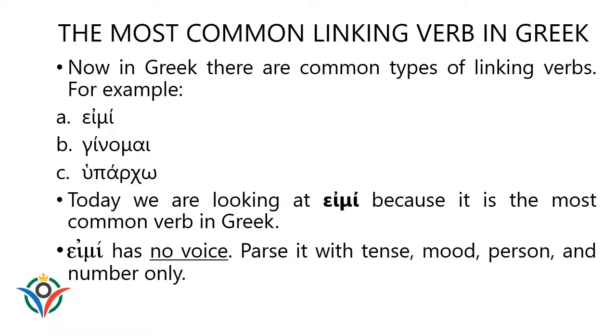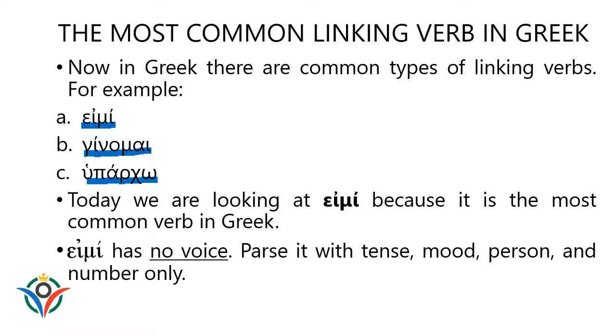Now that I've reminded you of the English forms of the linking verb, it's now time to turn our attention to the Greek equivalent. It says there, now in Greek, there are common types of linking verbs. For example, the first one is εἰμί, the second one is γίνομαι, and the third one is ὑπάρχω.